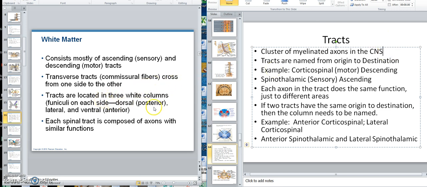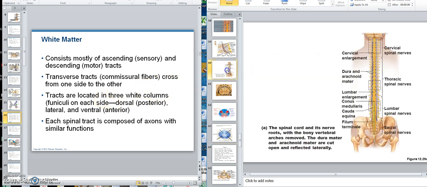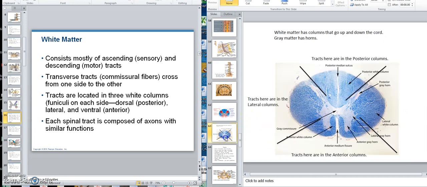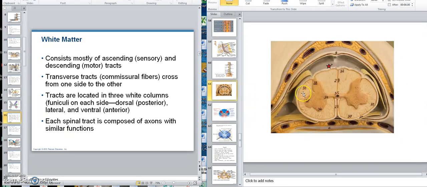And these myelinated axons go up and down the cord. Going up the cord is ascending. That's sensory. Going down the cord is descending. See, they have to be myelinated because it has to travel fast. If you're at the 2D area, just two-dimensional, you're only going that far.